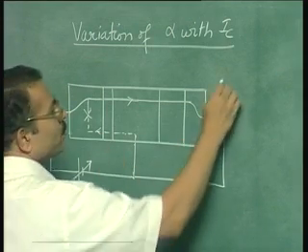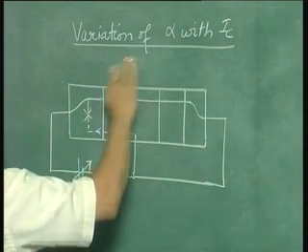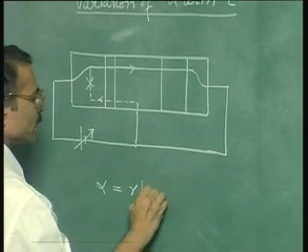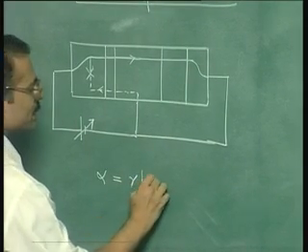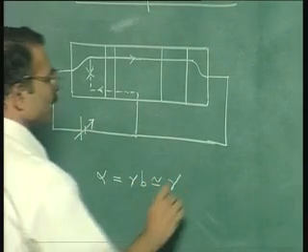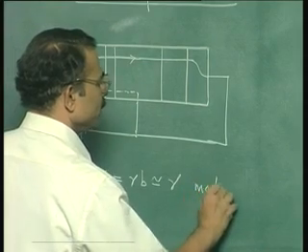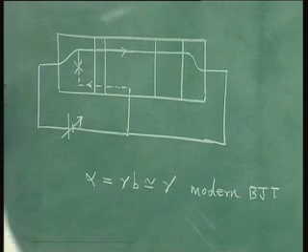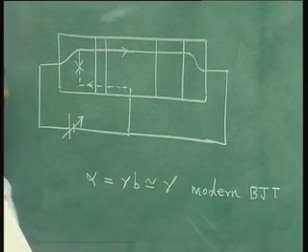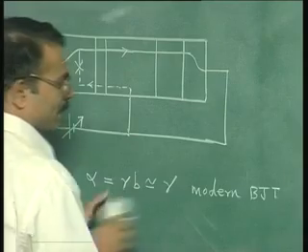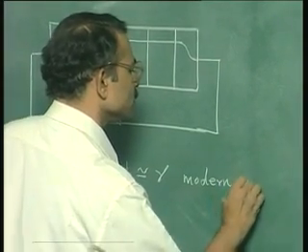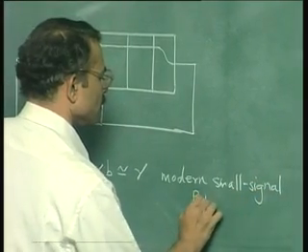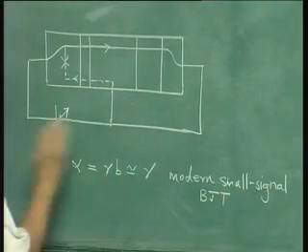So therefore we write alpha equal to gamma into B, injection efficiency into base transport factor, which is approximately gamma itself for modern BJT, particularly for small signal BJT. So concentrate on injection efficiency.